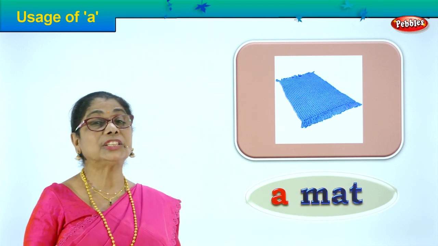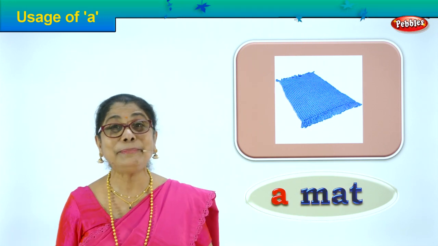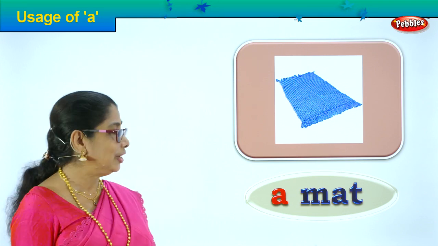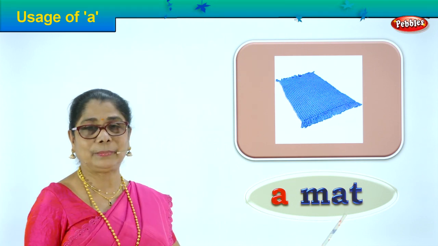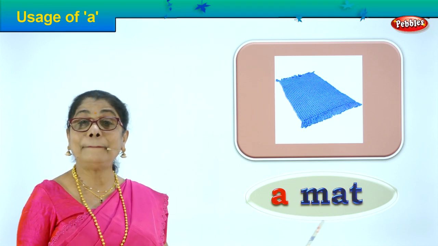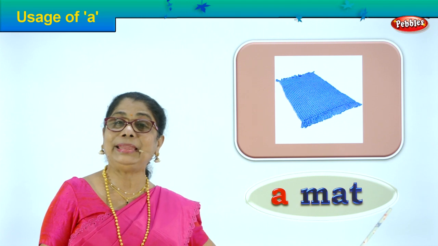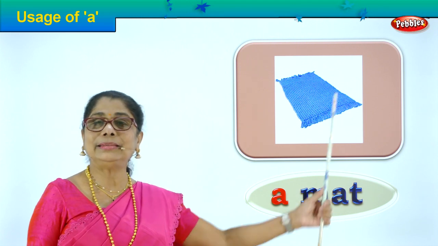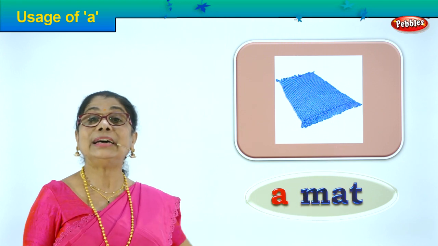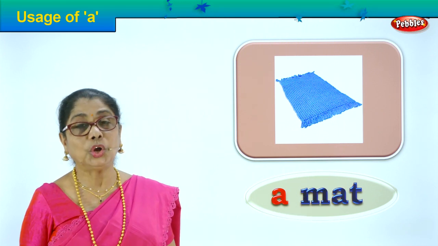A mat. Spell mat, M-A-T, mat. Good. You're becoming very clever. You're learning to read. We put the letter A before mat. A mat. This is a mat. This is a blue mat. This is a doormat. Good.